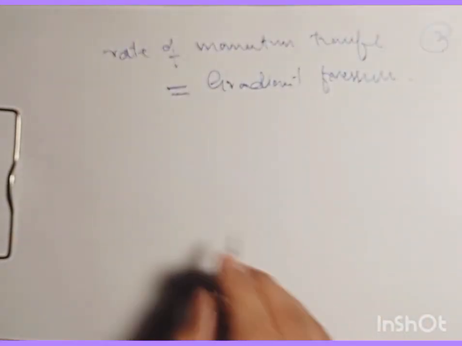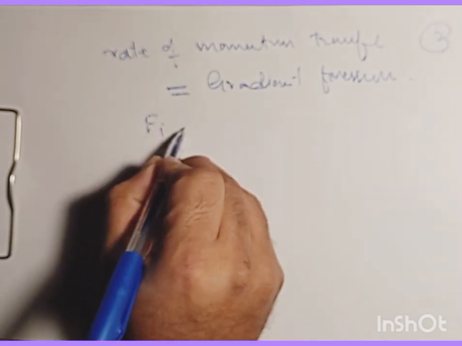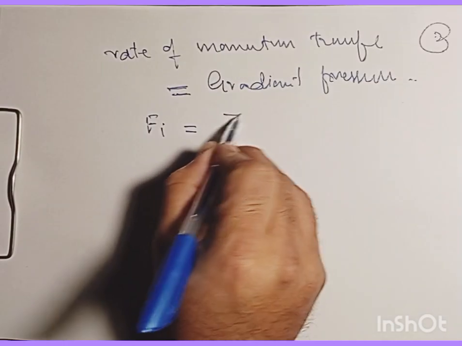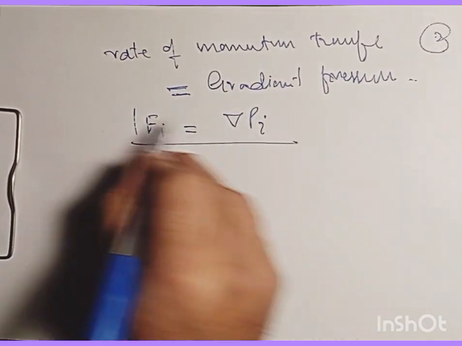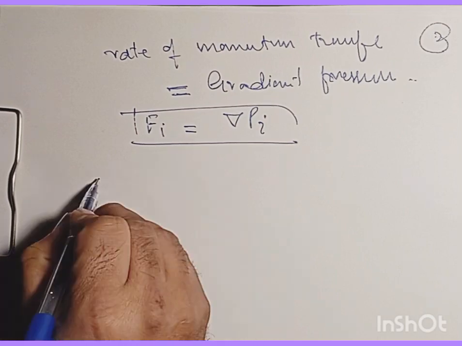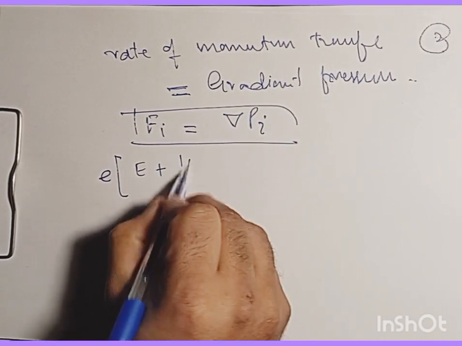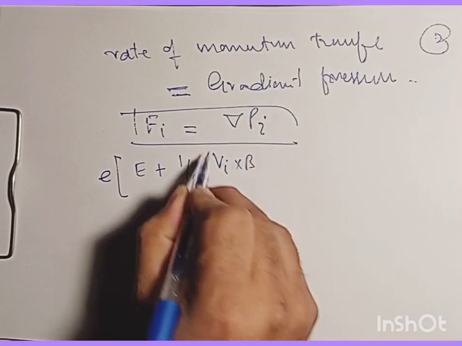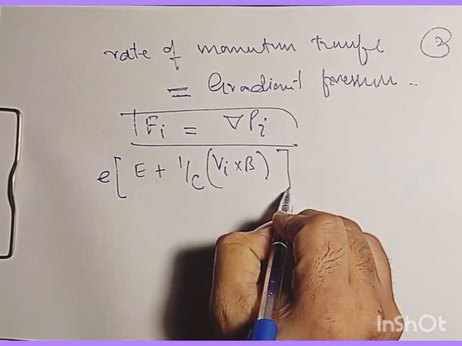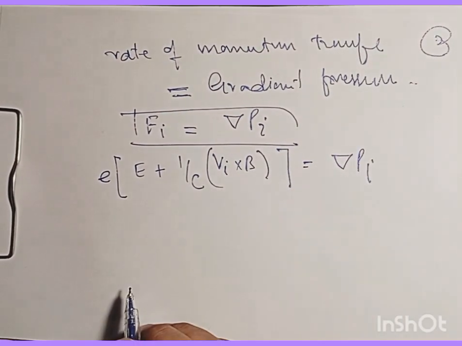If I write down the force for ions, it's balanced by the pressure gradient, del p i. For F, I will have the Lorentz force, that is e times E plus 1 by c v ion cross B, equals del p i.